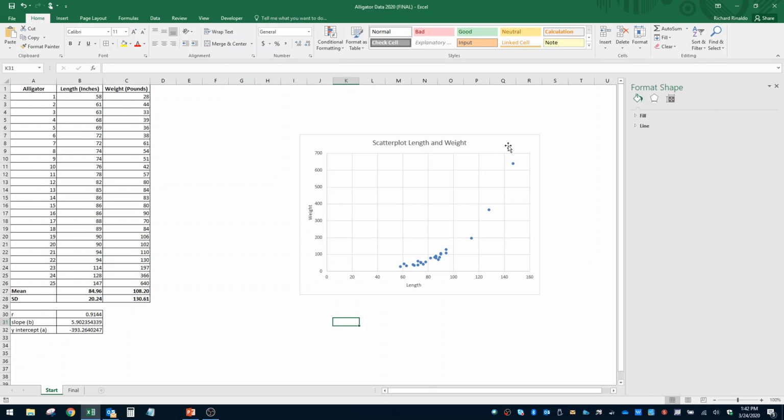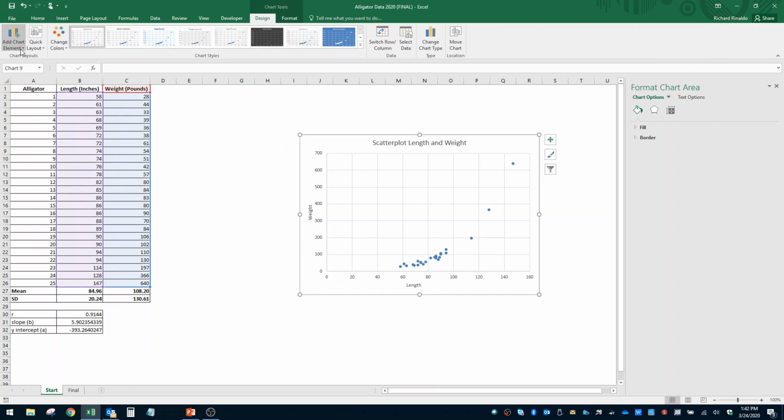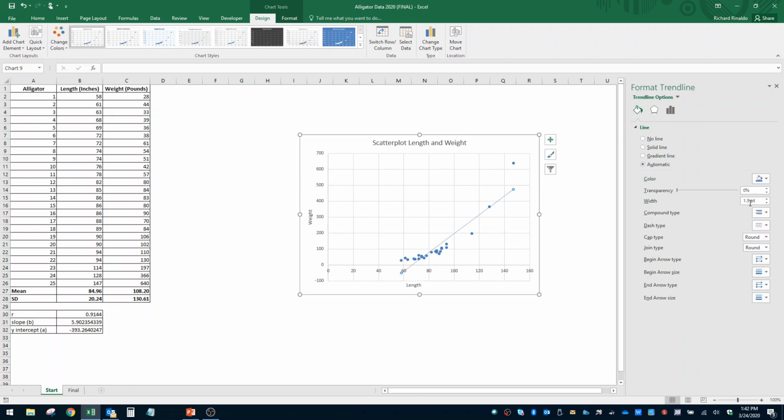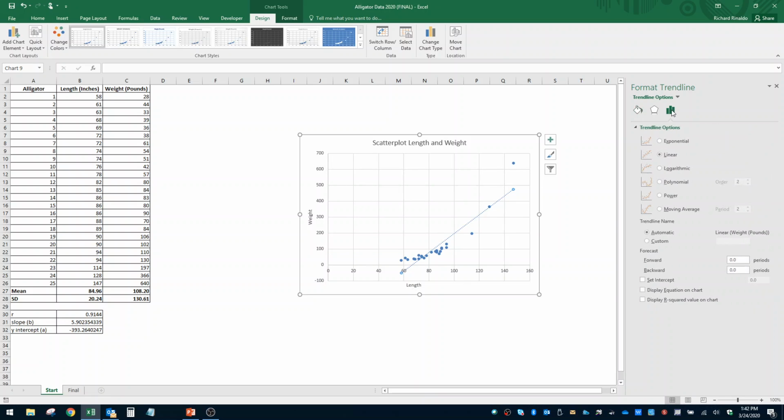Now I can confirm, because with the chart, I can add in my trend line equation. So I want a linear line, and I want to display the equation on.